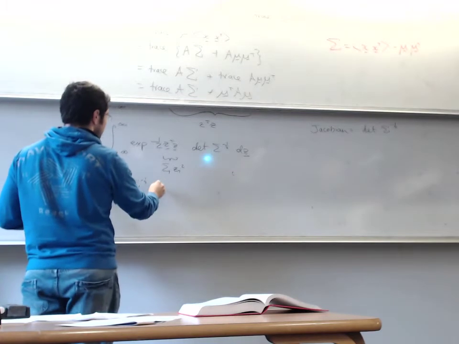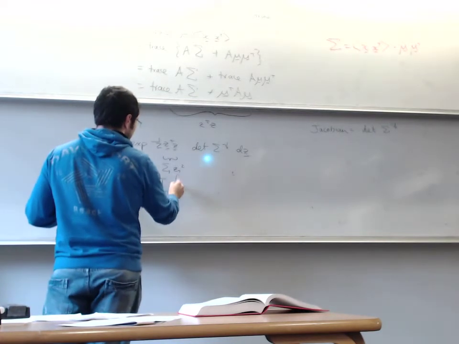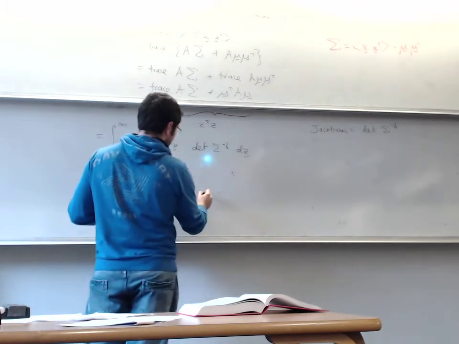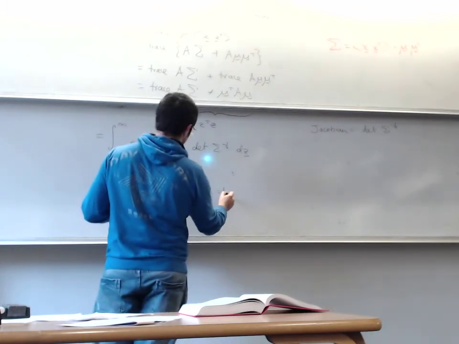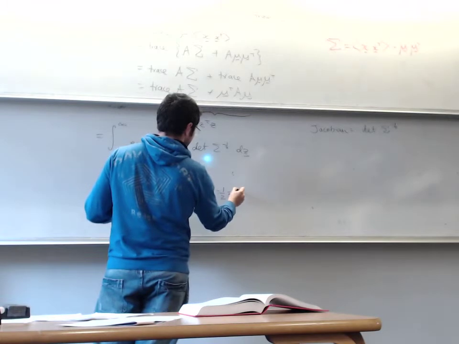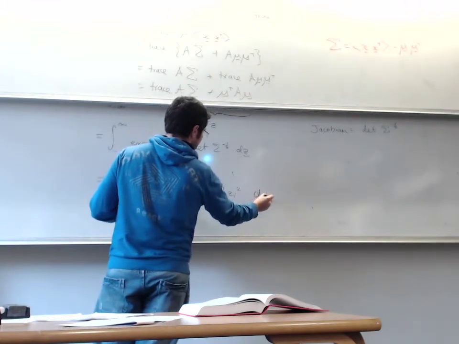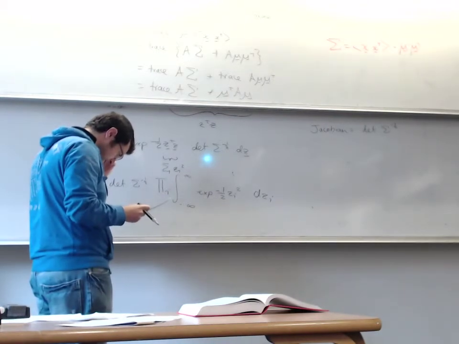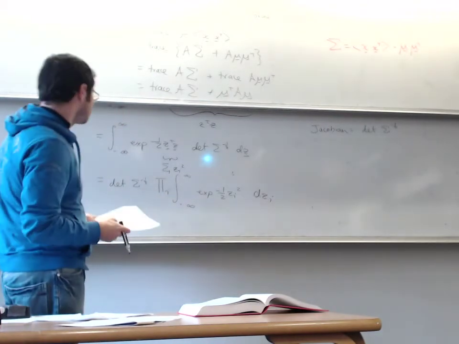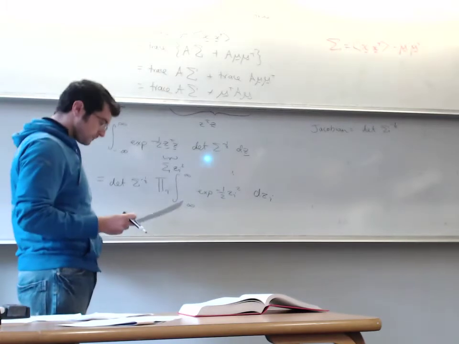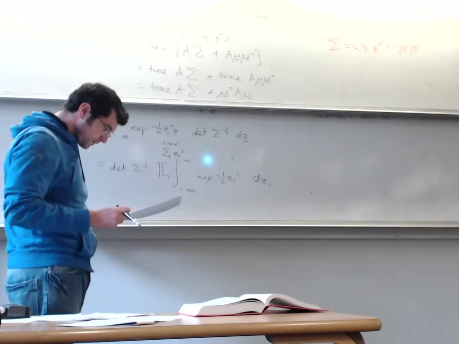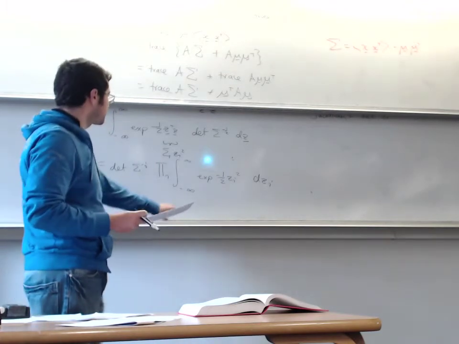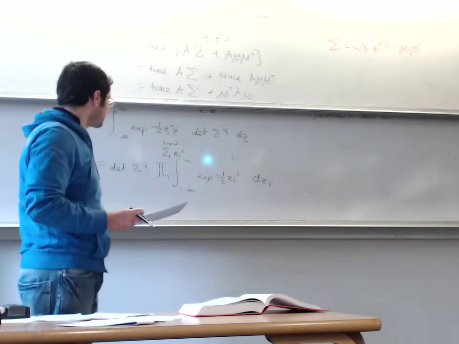So I'm going to write this as a product over i of the integral of exp of minus 1/2 zi squared with respect to dzi. Okay. And, well, we already know this from what we did last week.